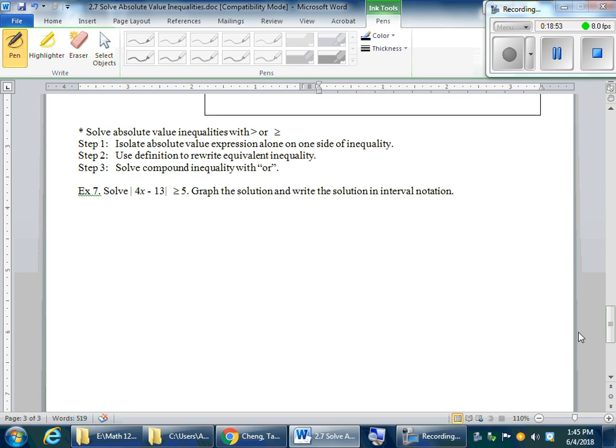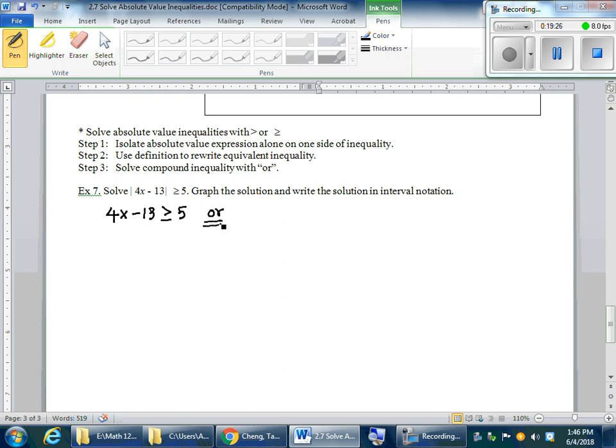Absolute value is isolated by itself, so we can apply the definition right away, which is 4x minus 13 is greater than or equal to 5, or. It is very important that you write this "or," otherwise we don't know how to collect the answer of the compound inequality at the end.